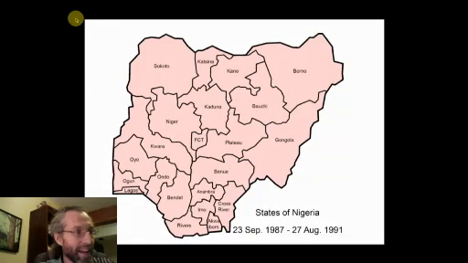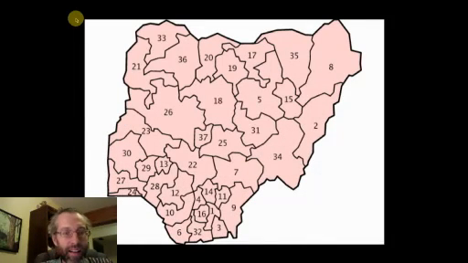And then we're going to break it down even further. Actually in 87 and all the way through 91, there's going to be 30 states. And you can see them getting smaller and smaller, with more specific names in more of the local regional languages. And then finally, we go to 36 states. And that's where we are today.